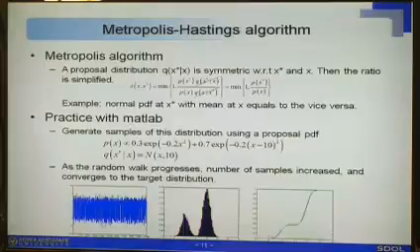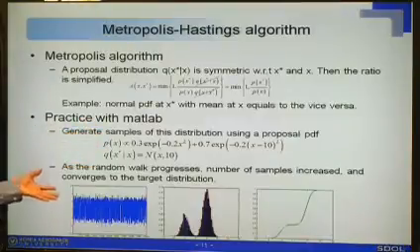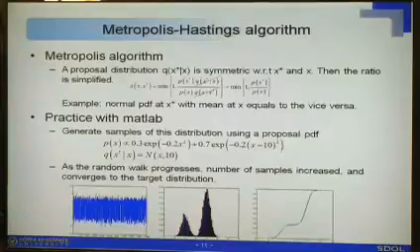Let me answer the question using a specific example, and let's look at what happens. I will show you this algorithm using an example problem.